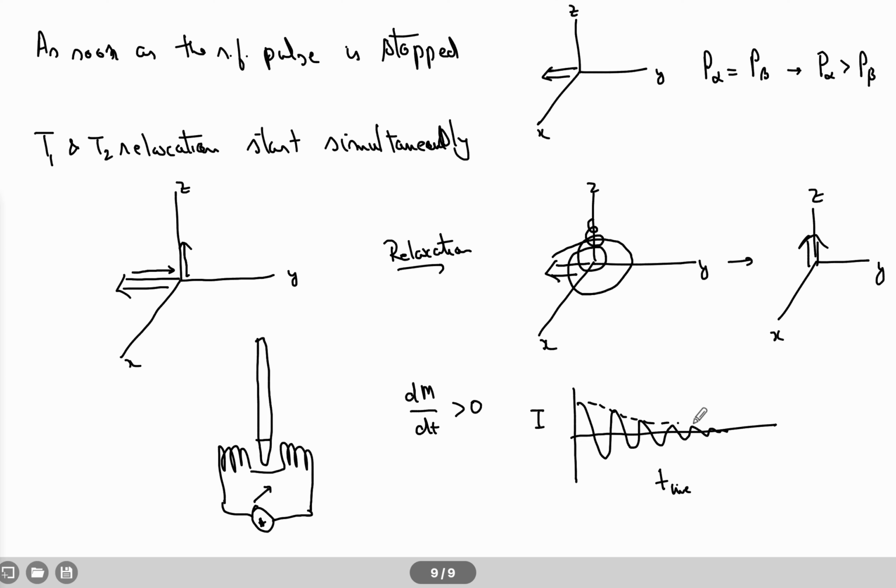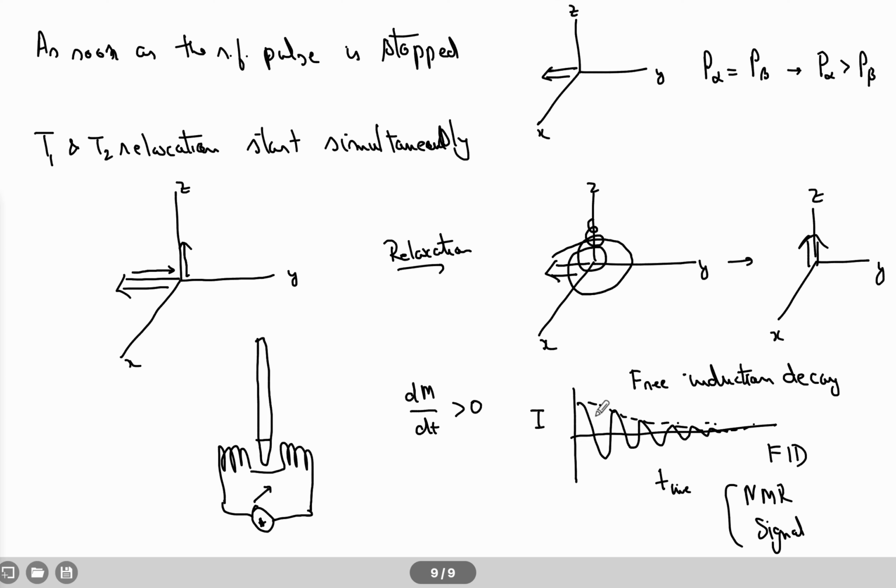So it will slowly decay, and this is called free induction decay, or in short FID, or in other words, this is the NMR signal. Okay, so this is how you actually generate it.